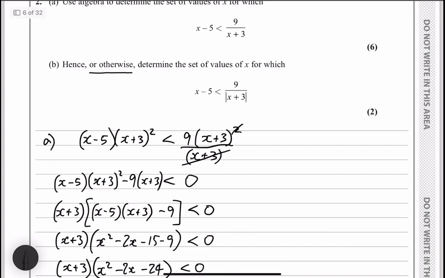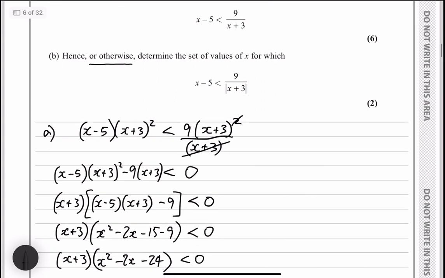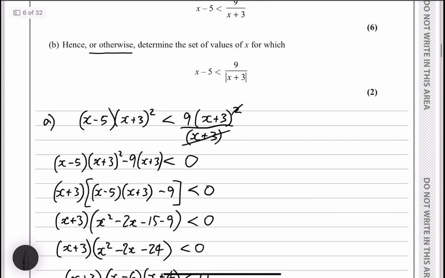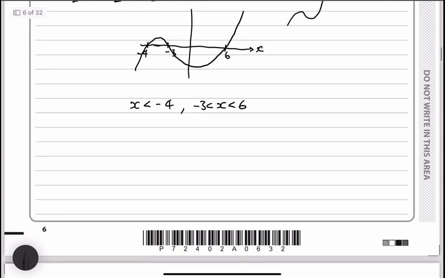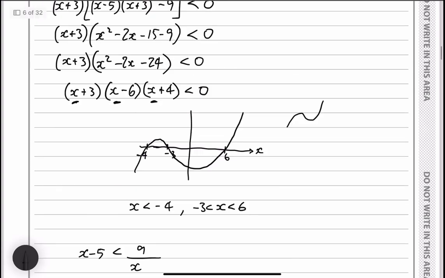Let's do a graph. So if I try and sketch this out on a graph, I should be able to see where the line x minus 5 is less than 9 over x plus 3. Of course, to do this, I need to be able to sketch both of those. So we've got x minus 5 is less than 9 over, was it minus?